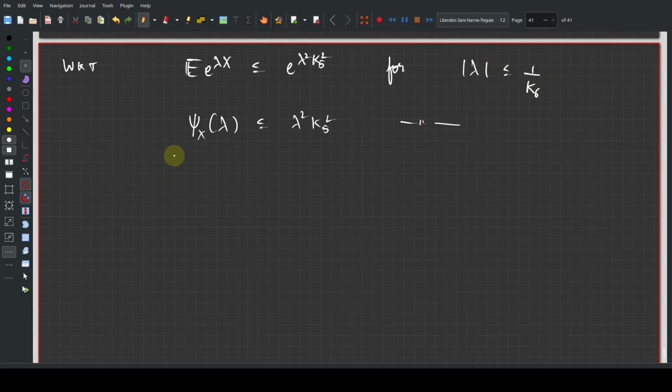So, what can I say about psi x star of t for any t greater than or equal to 0? This is going to be greater than or equal to what?